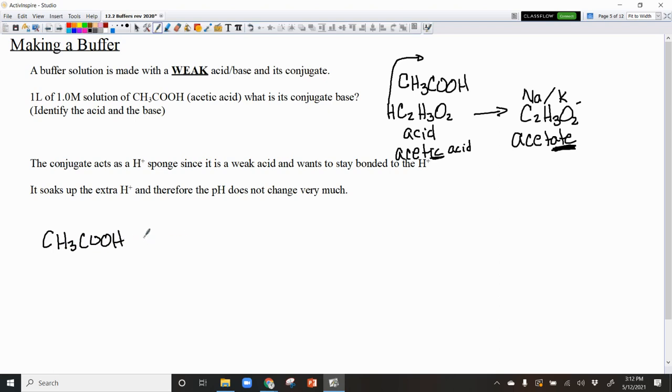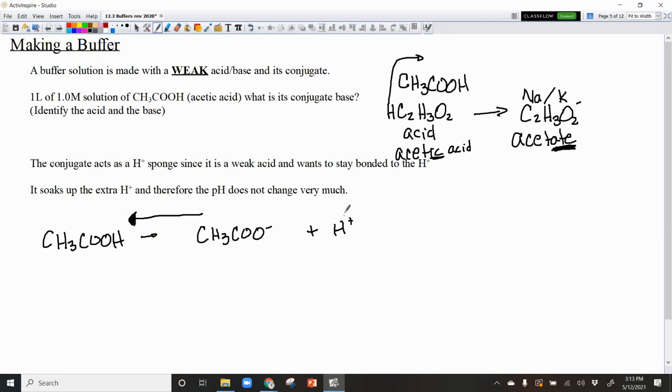All right, and this conjugate base acts as a hydrogen sponge, because look at the whole entire equation. Okay, so there's your acid, and this dissociates into CH3COO minus plus H plus. Now it dissociates this way, but not very much, because it's a weak acid. It strongly wants to stay together because it's a weak acid.